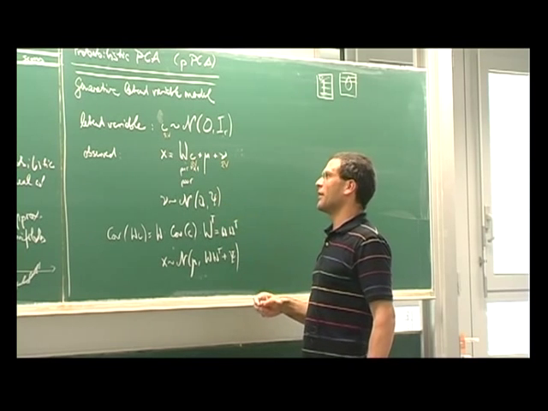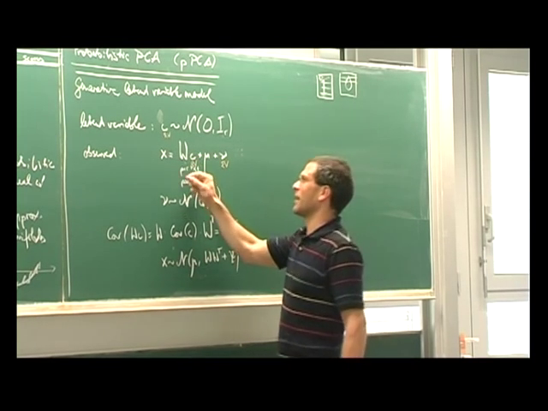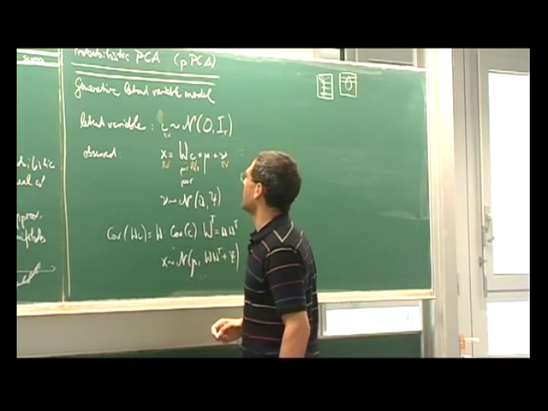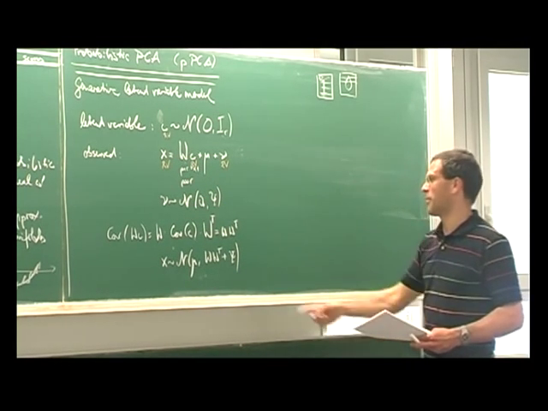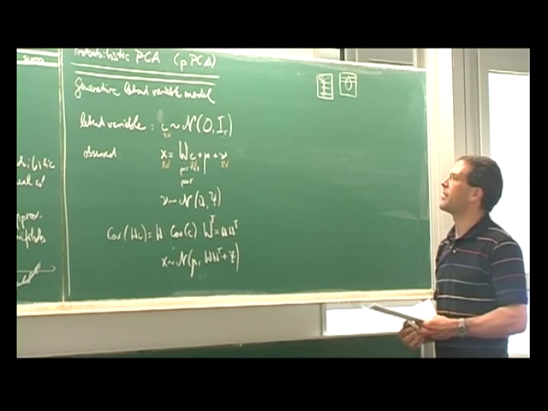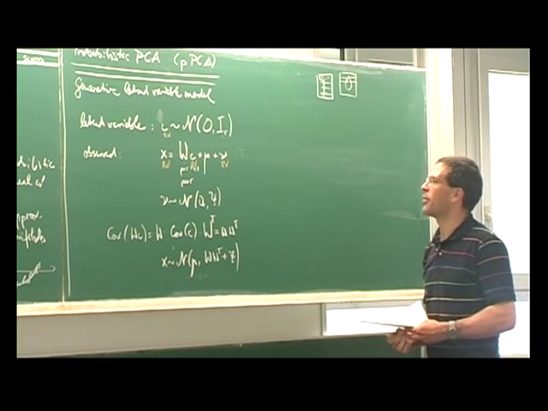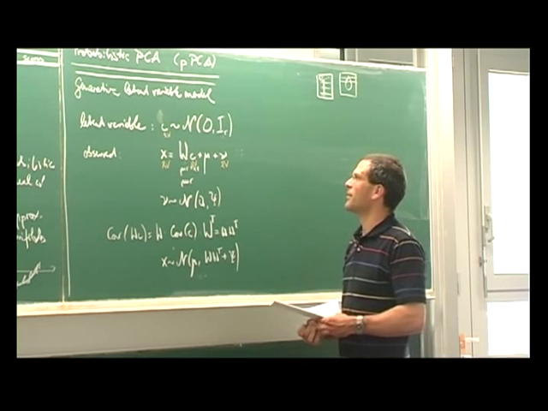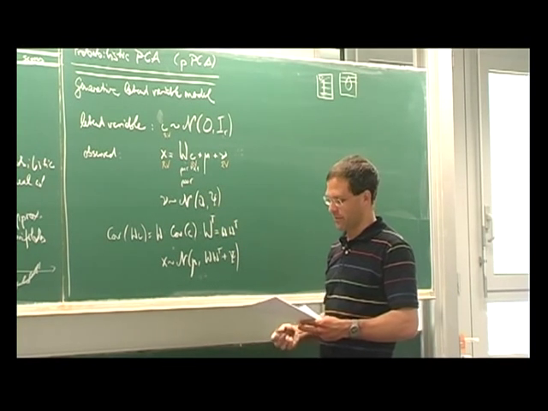And if we take some function of a random variable, this is again a random variable. So X is also a random variable, and it has this distribution down here. So the only part in this model which is deterministic and that we try to estimate is W.